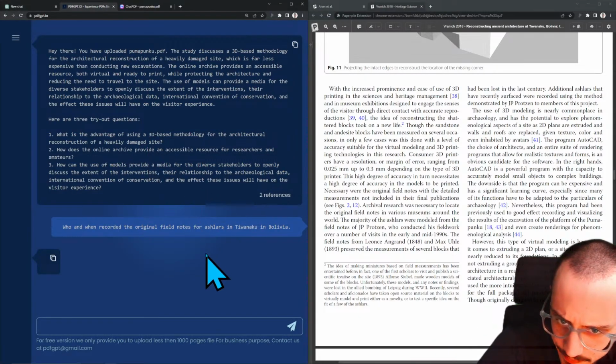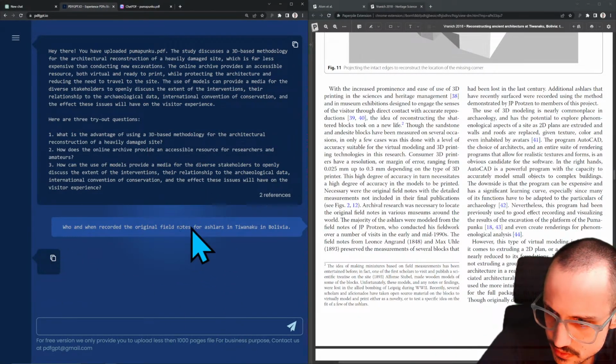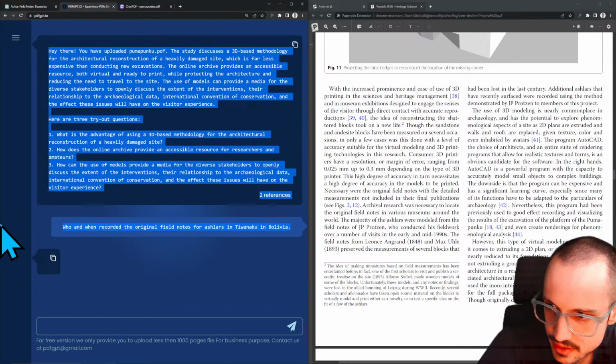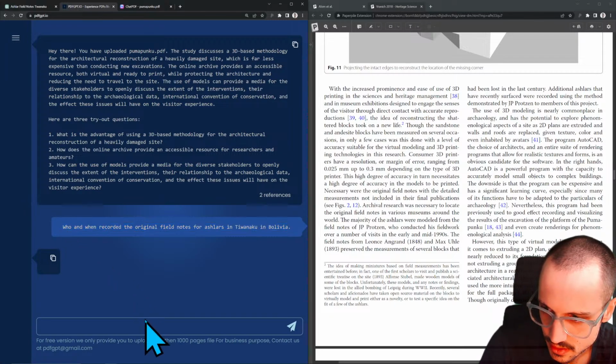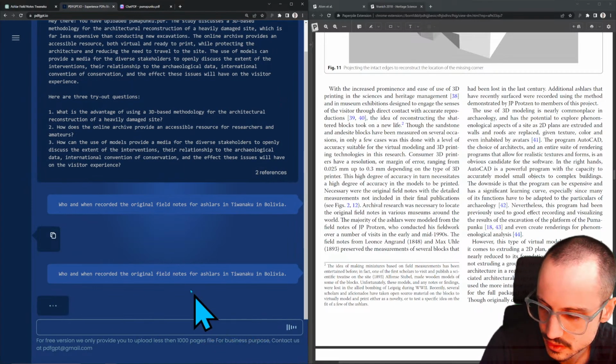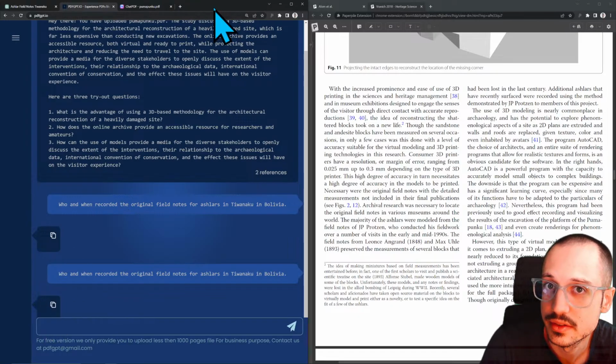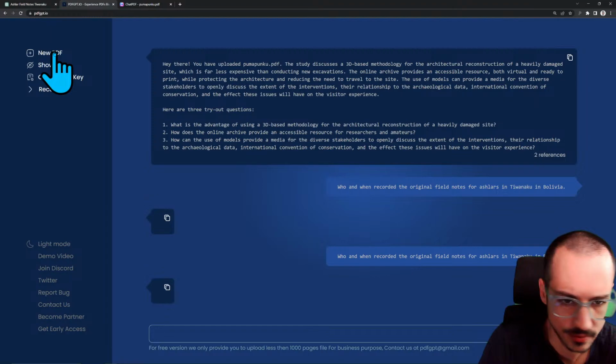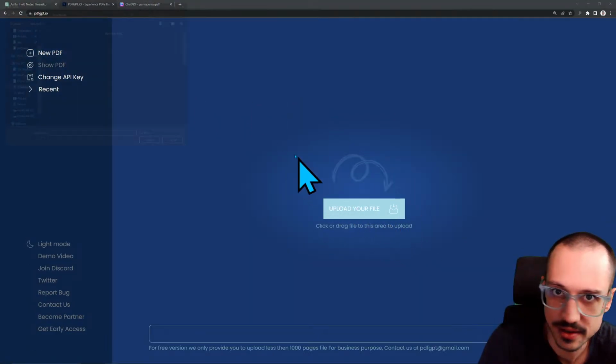Let's see PDF-GPT. It died? What is this? Go. Search for me. What? New PDF. Did it just die?